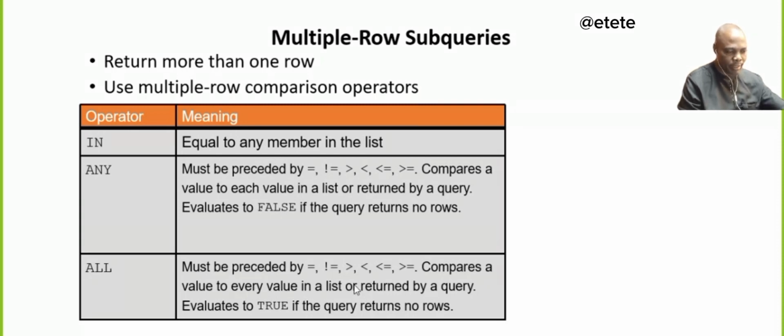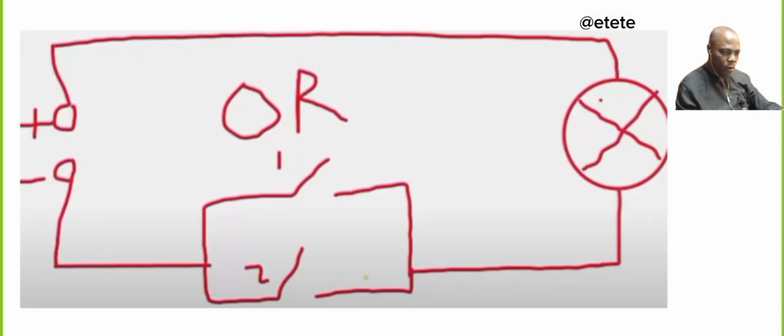You remember our class that we did on the logical operator, right? Do you remember that class where we add the and the or? This is what I'm talking about.